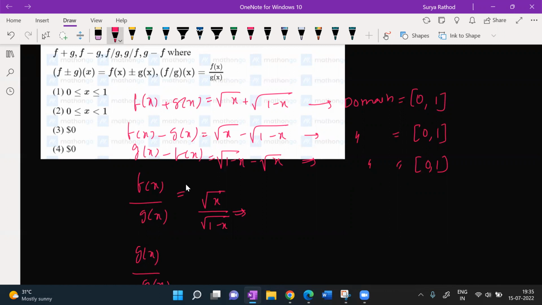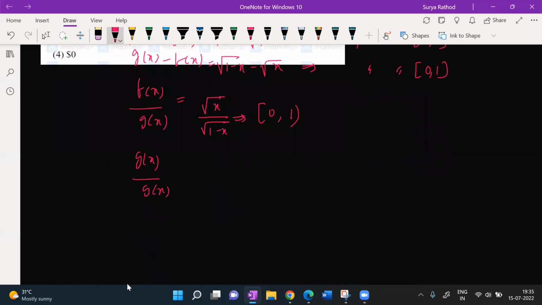Because 1 makes my function undefined. 1 comes in the denominator, so the denominator becomes 0, and if the denominator becomes 0, the function is undefined. So that is the reason I would not allow 1 here. Is it clear? So 0 can be included without any doubt, and 1 cannot be included. So at 1 I'm keeping an open bracket. That is my domain. Very simple.